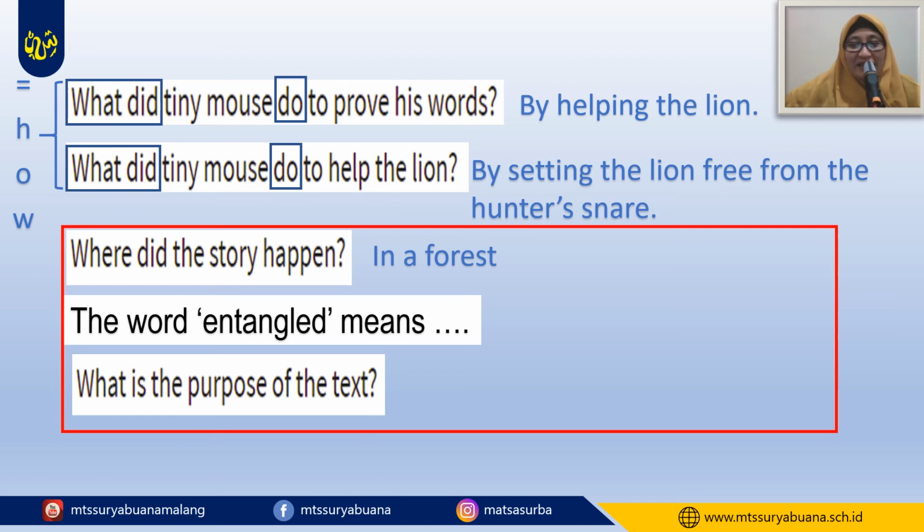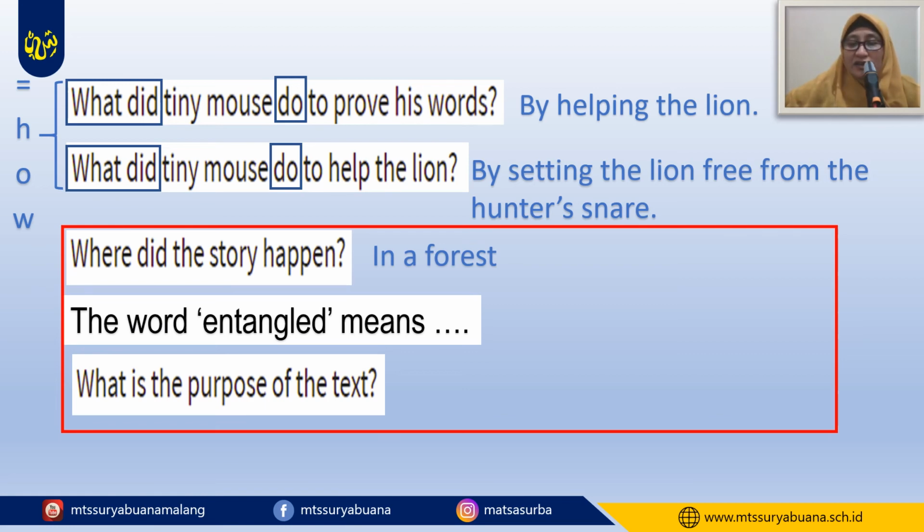But logically, a lion's den is also in a forest, so it's part of the forest. So we can just say in a forest, or you may also say in the lion's den and in a forest. Now let's continue.